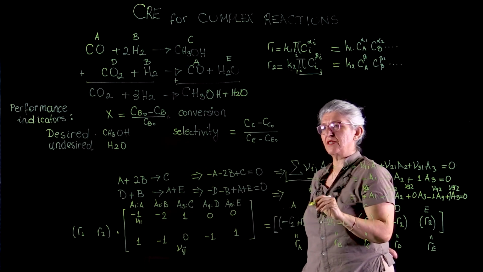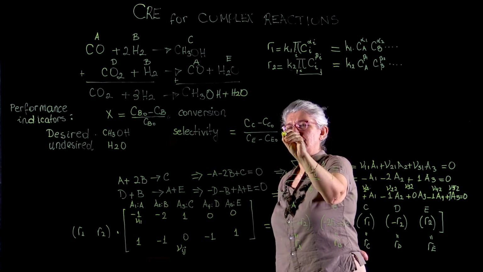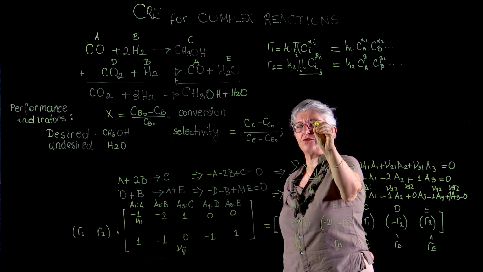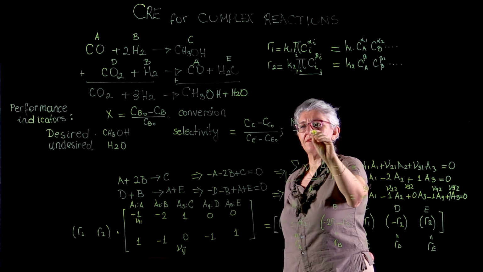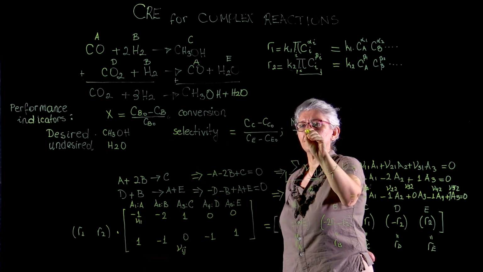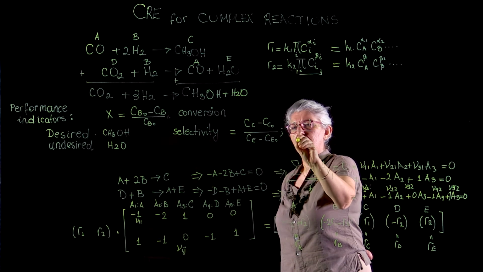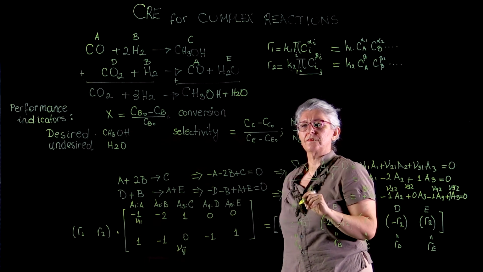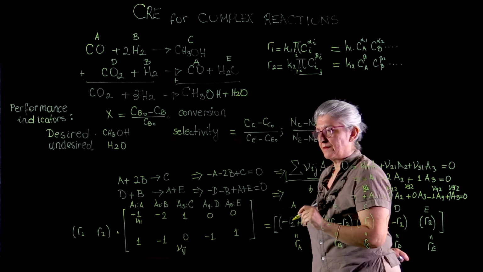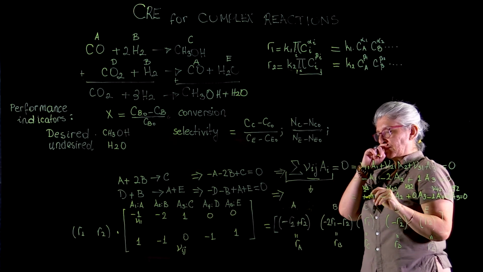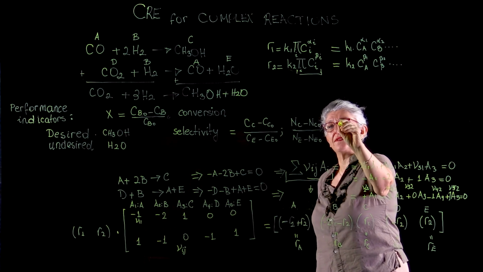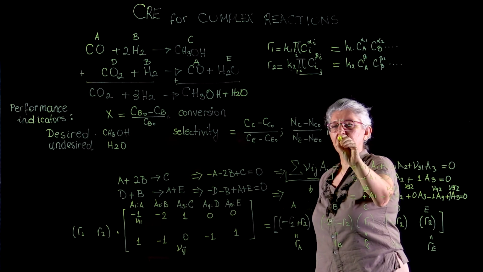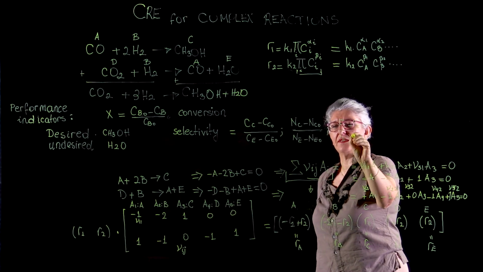If we are measuring concentrations, if we are measuring number of moles, we can define selectivity as NC minus NC0 for a batch reactor divided by NE minus NE0, or we can define that as the molar fluxes, FC minus FC0 divided by FE minus FE0.